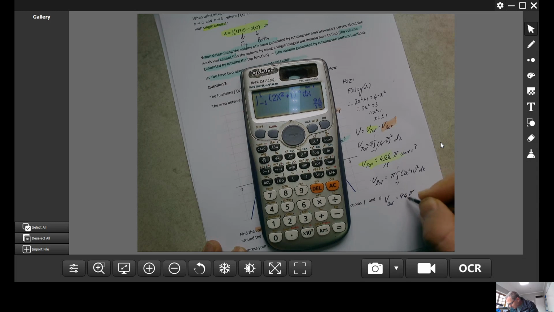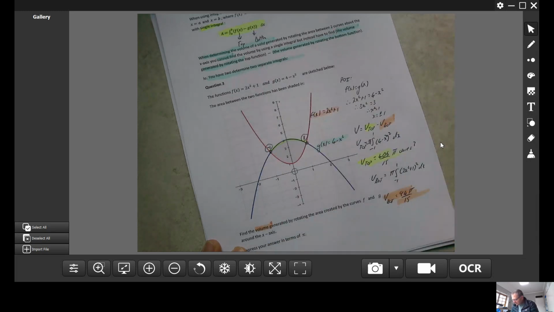Always leave things in pi form, guys, unless I specifically tell you otherwise. Leave it in pi form. So the volume generated by rotating the bottom curve is that.